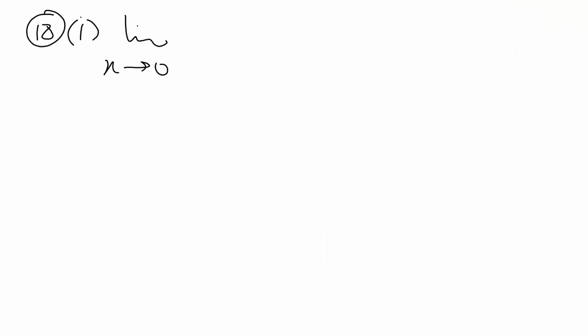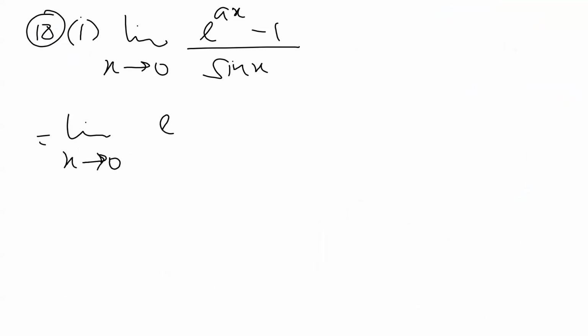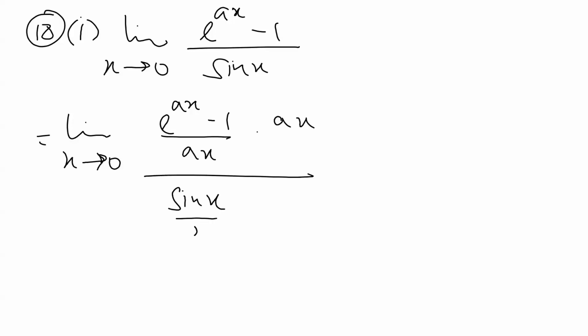Limit x approaches 0, (e^(ax) - 1) upon sin x. Relatively a very simple problem. Upon ax into ax, upon x into x. Now see, in this type of problem, x was not there, so we are multiplying and dividing with ax. In some problems, x is there, so in that case, we'll just multiply and divide with a.